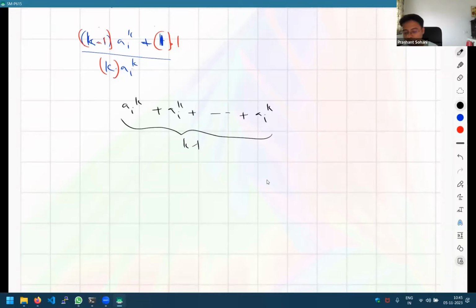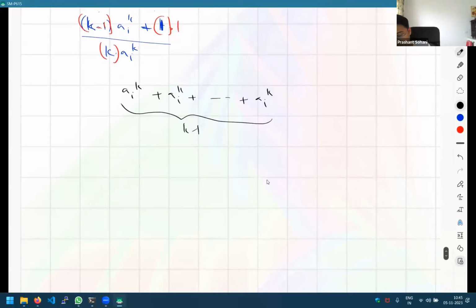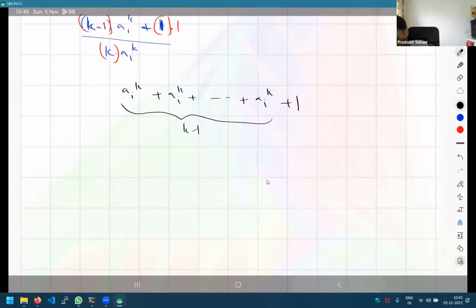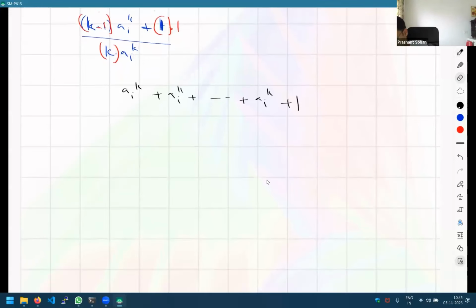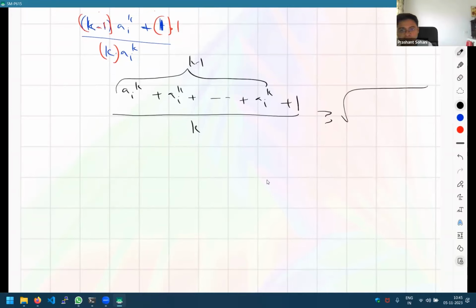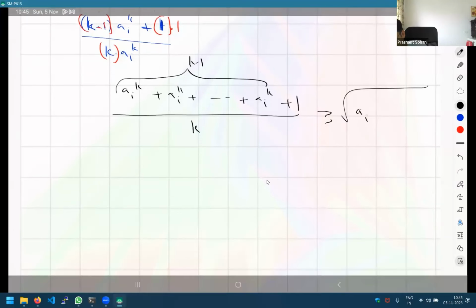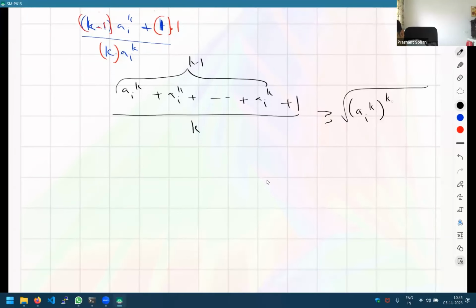And now we'll try to apply AM-GM. Suppose these are k minus 1 times this, so there are a total of k terms now. This whole thing upon k is greater than or equal to their product, ai raised to k raised to k minus 1, and we take the kth root of that.